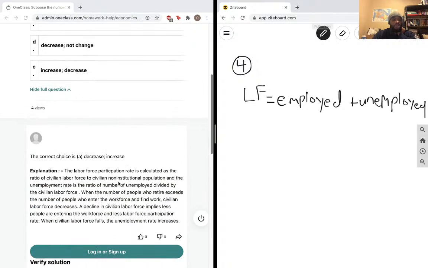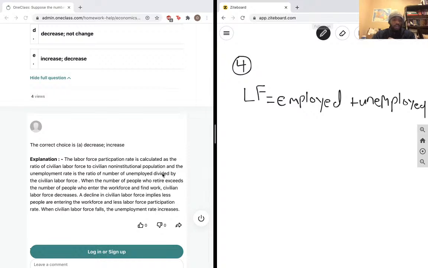And our tutor said the labor force participation rate is calculated as the ratio of civilian labor force to civilian non-institutional population, and the unemployment rate is the ratio of the unemployed divided by the civilian labor force. When the number of people who retire exceeds the number of people entering the workforce, the labor force decreases.